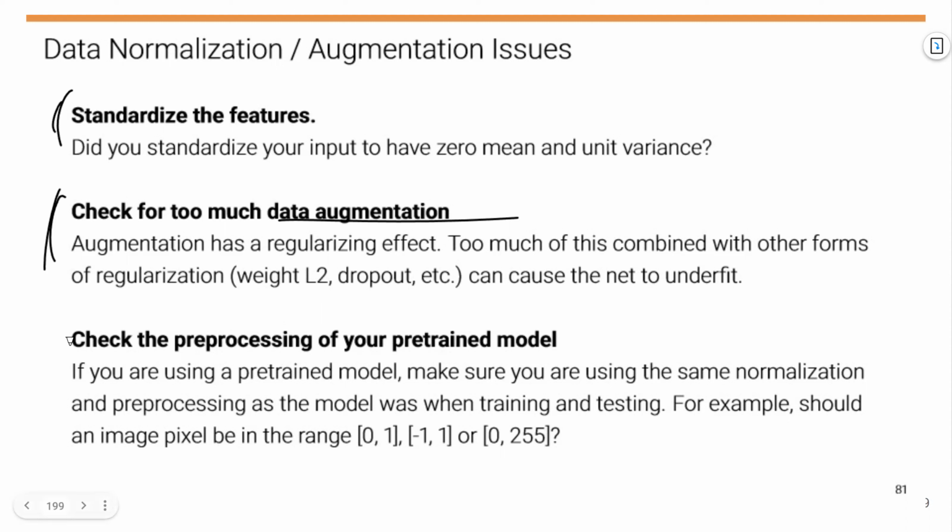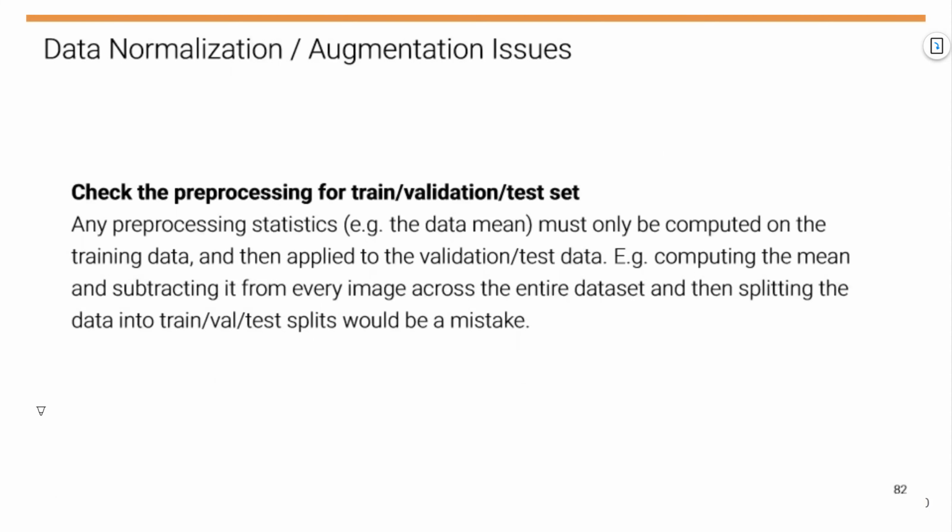And check the pre-processing of your pre-trained model. You should use the same pre-processing as the pre-trained network. And pre-processing for train, validation, and test sets should be in harmony.